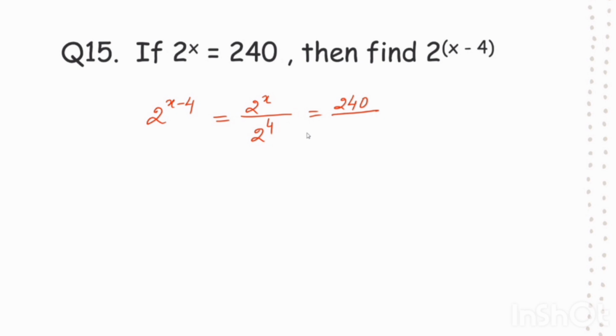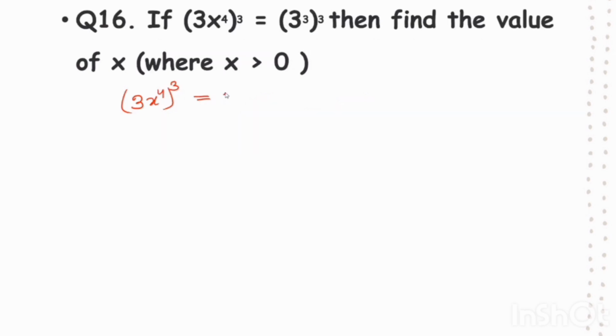Divided by 2, 3, that's equal to 3 cube whole raised to the power 3. Implies that 3 cube into x raised to the power 4 3s are 12 equal to 3 raised to the power 9.